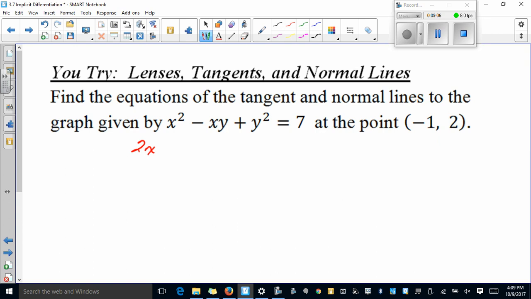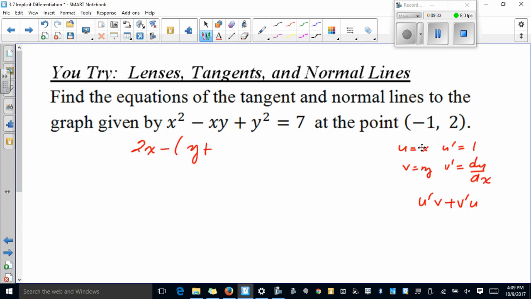If v equals y, then v prime equals dy dx. So u prime v is going to be just y plus, because remember, it's u prime v plus v prime u. I threw the negative on the outside, so I'll just distribute it later. Plus x dy dx.